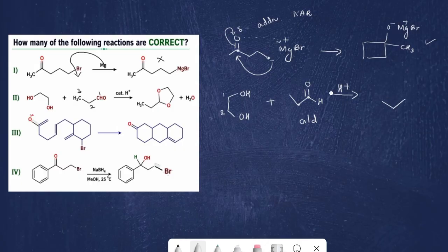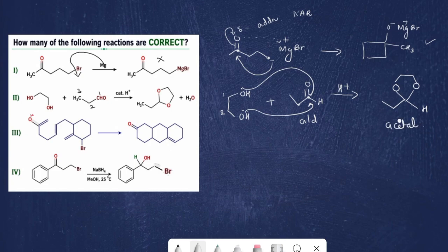That means whatever the carbonyl carbon is there, it will undergo addition like this. And then what happens? Again, this oxygen will attack here and then we are going to get a cyclic ether like this. And we call this an acetal molecule.